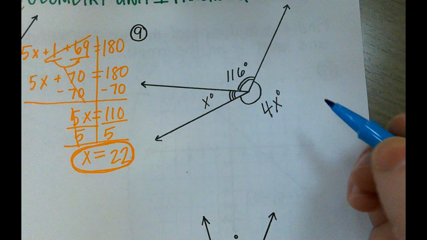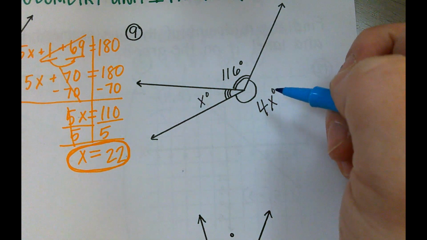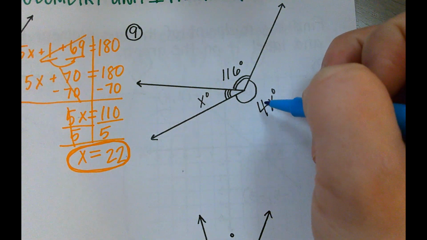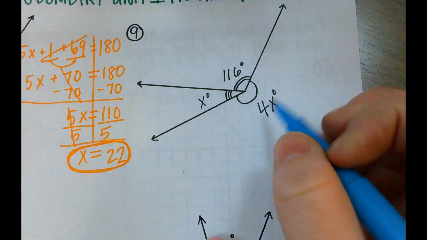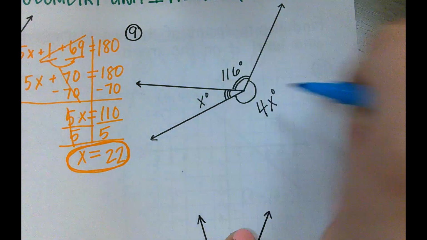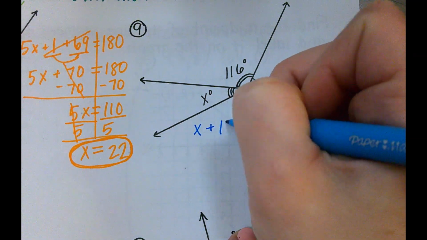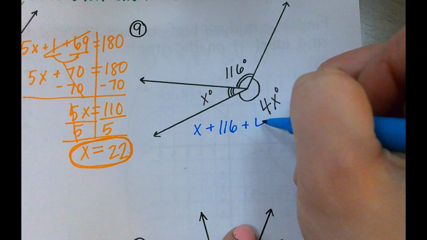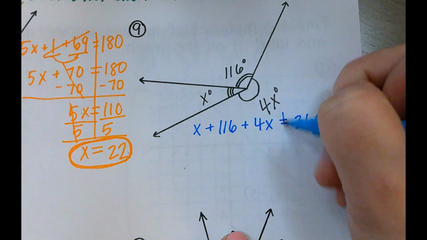X degrees plus 116 degrees plus 4x degrees equals 360. We're just going to add them all together. X, 116, and 4x. You can write those 3 in any order. X plus 116 plus 4x equals 360.